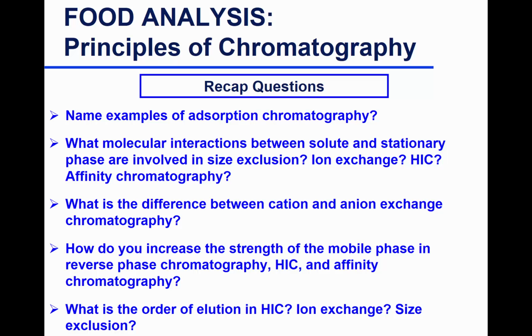Okay. What is the difference between cation and anion exchange chromatography? Go ahead, Josie. Positively charged groups attached to the stationary phase? Who agrees with Josie? Look, you don't have supporters in the room. Why?